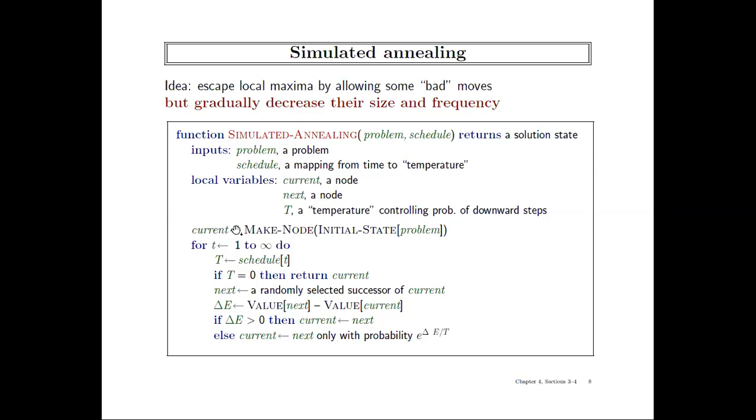What you do first is you need to have a current state, so you have to have an initial state. Even in the hill climbing algorithm, we need to have the initial state. There, we achieve the initial state by randomly picking any of the states.